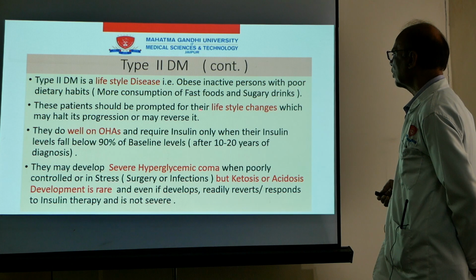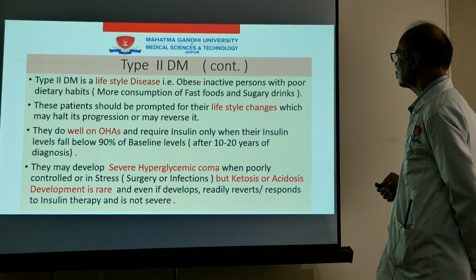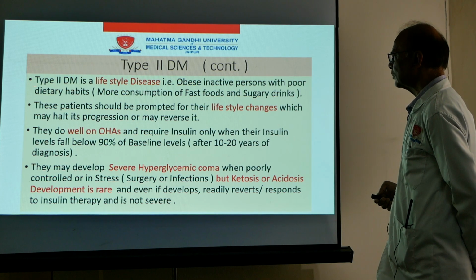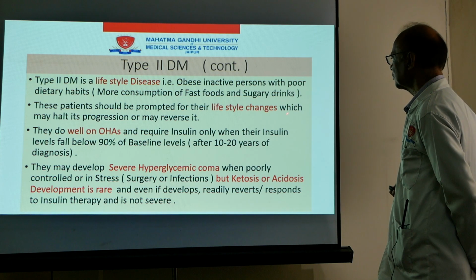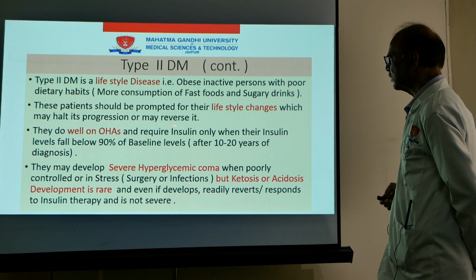These patients should be prompted for lifestyle changes. They should be advised to be highly active, reduce their weight, and their dietary habits should be checked. They should not consume more fast food and sugary drinks. It may halt its progression and may reverse the diabetes mellitus.